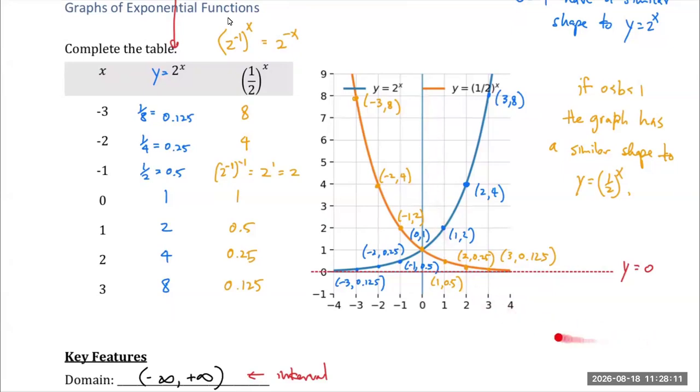It would come down something like this. So we can see that when we invert the orange graph, you're actually going to get a function that's decreasing.